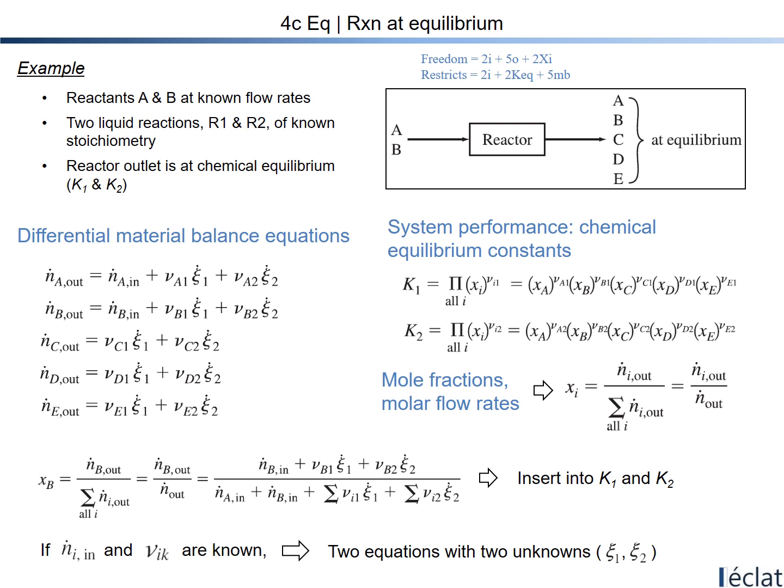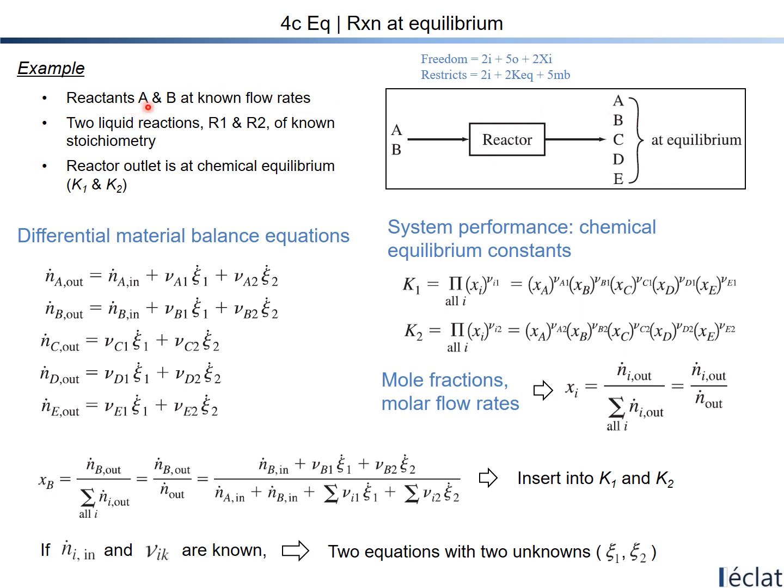An example here, reaction at equilibrium. A and B are introduced into the reactor, and then after the reaction we have C and D and E as the products. Of course, we have unreacted A and B here for the exit stream.